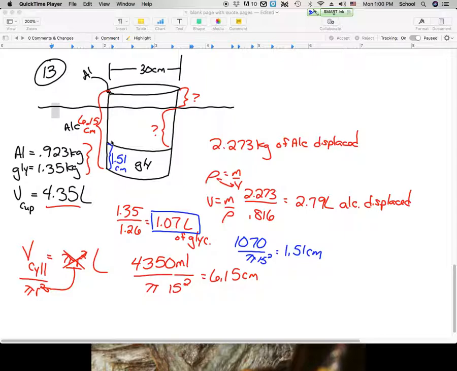No, wait. Don't subtract yet. We have to do that one more time because we have the total alcohol displaced. So now we're going to take that, 2,790 milliliters of alcohol, and again we're going to divide that by pi times 15 squared.